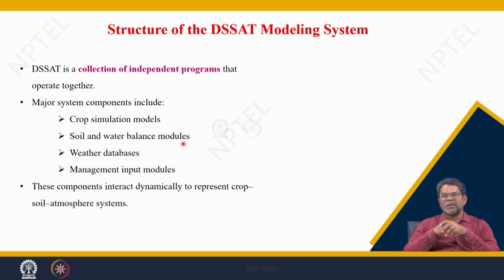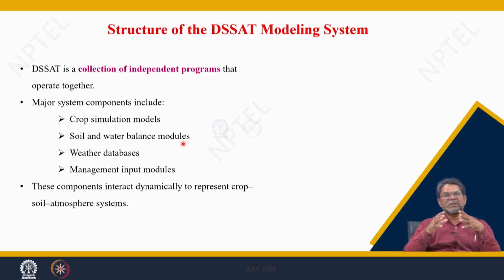Then the management input models, which include the field experimental management. Field management starts from land preparation, the tillage operations, up to harvesting. The management practices include tillage, seed sowing technique, seeding depth, crop geometry, seed spacings, intercultural operations such as weeding, fertilizer management, water management, pest and disease management, then harvesting.